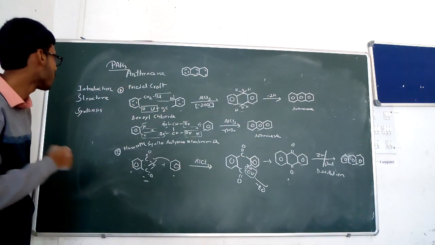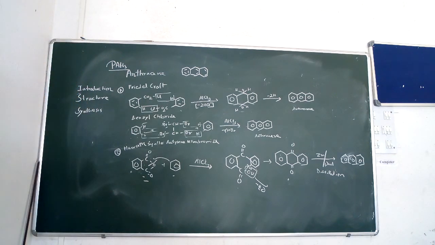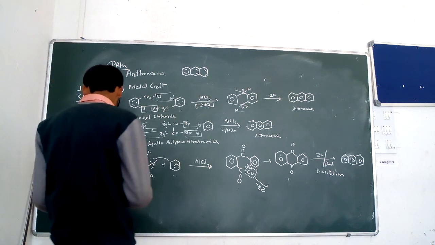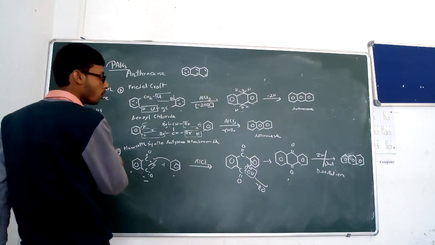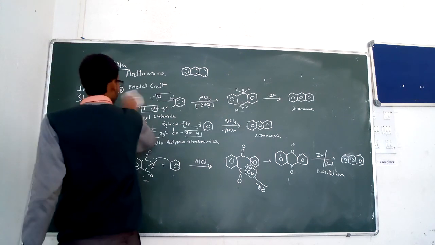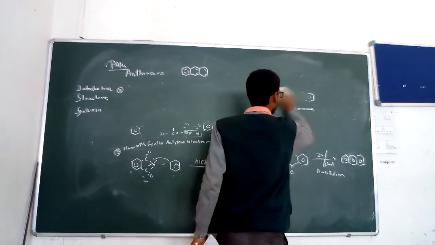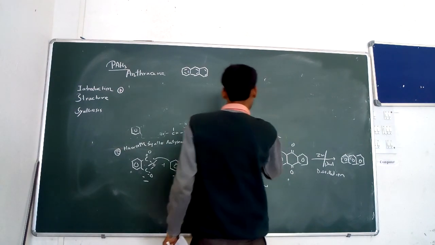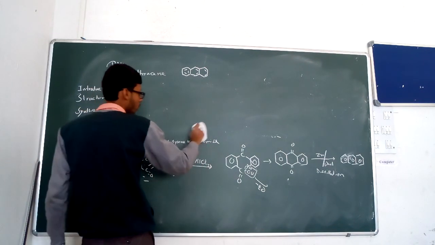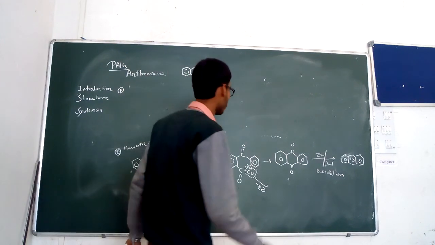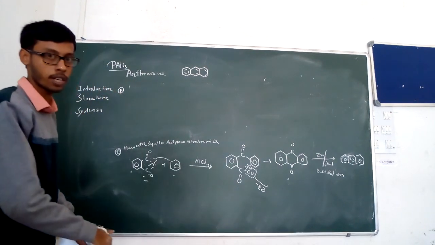So already we discussed two reactions for the synthesis of anthracene. There is another mode of reaction for anthracene, that is the Diels-Alder reaction. You know already what the Diels-Alder reaction is. The Diels-Alder reaction is normally carried out at a high temperature, where a conjugated diene reacts with an alkene molecule or unsaturated compound to form a cyclohexane.